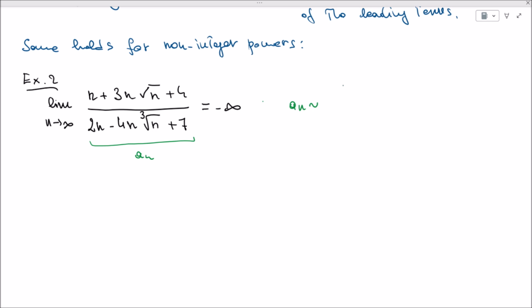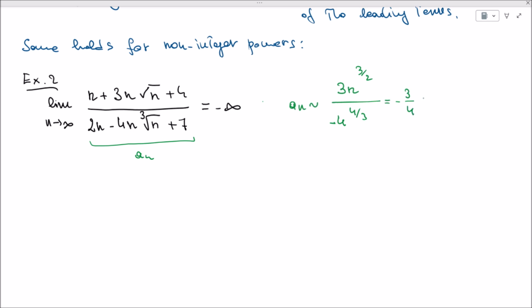On top we have 3n to the 3 half, because in fact we have n to the 1 here and n to the 1 half. At the denominator we have minus 4 times n to the 1 times n to the 1/3. If we sum 1 and 1/3, we have 4/3.